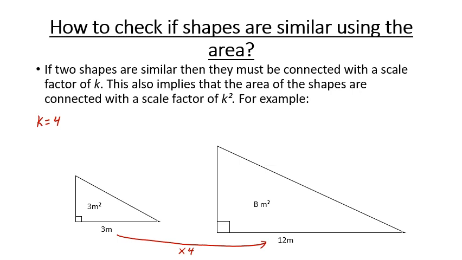If we are then going to look at the area, that needs to be connected by a scale factor of K squared. So this must be times 4 squared. Now 4 squared is 16, 3 times 16 would give me 48, therefore B must equal 48 meters squared.